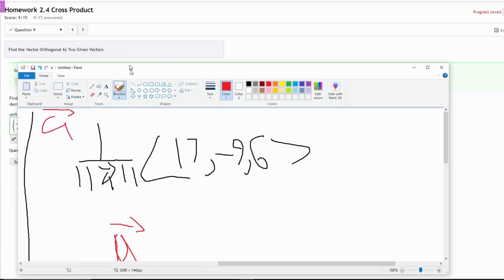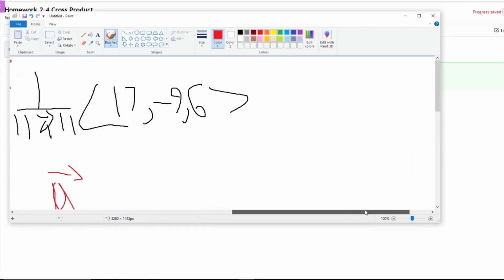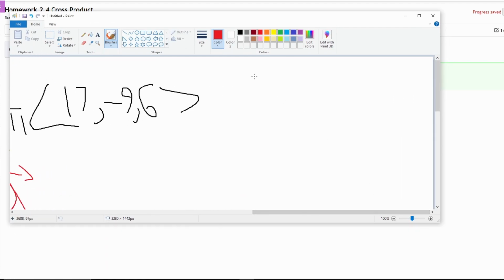But anyways, I'll say this again because it's very important. They want two orthogonal unit vectors. Orthogonal means perpendicular. It's perpendicular to both of these. One unit vector is perpendicular in this way.